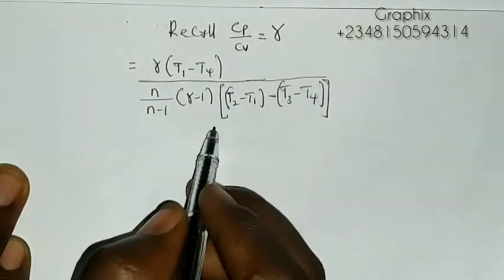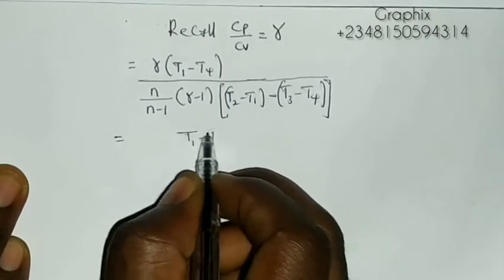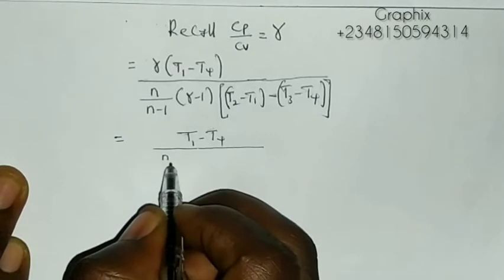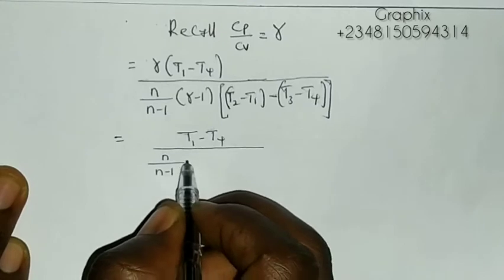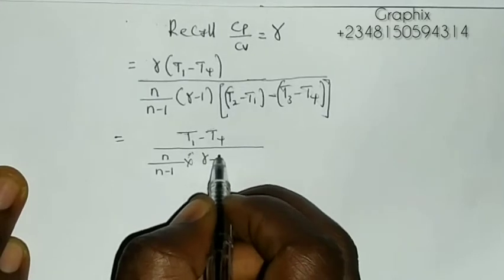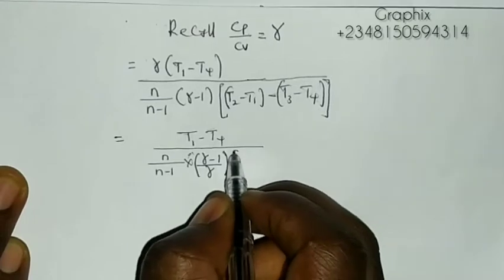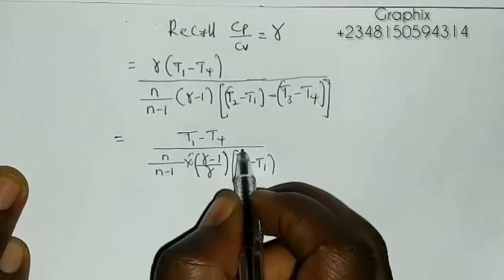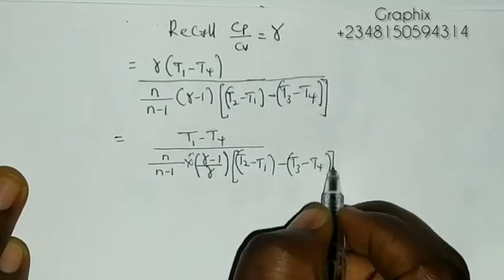If I bring this downward, I'm going to have T1 minus T4 all over n minus 1, multiplied by gamma minus 1 over gamma, into bracket T2 minus T1 minus T3 minus T4. I close the bracket back.